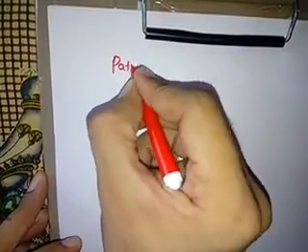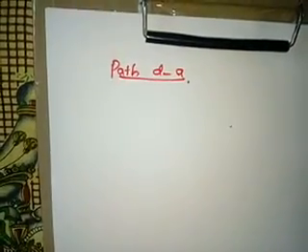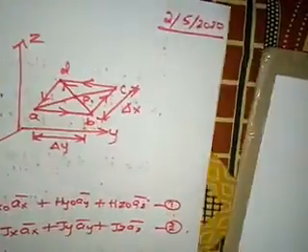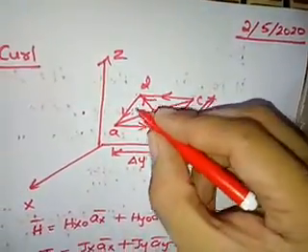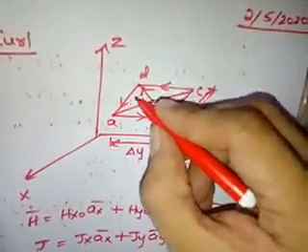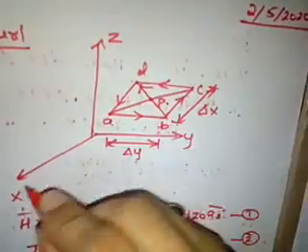Next, for the path D to A, the last path. As we can see here, for the path D to A, h bar is in which direction? It is in the ax bar direction, the same direction as x.